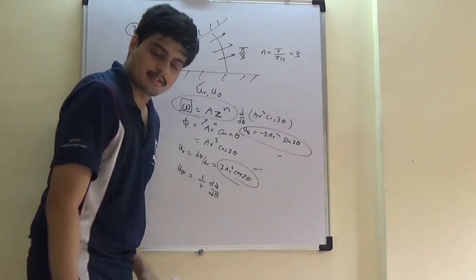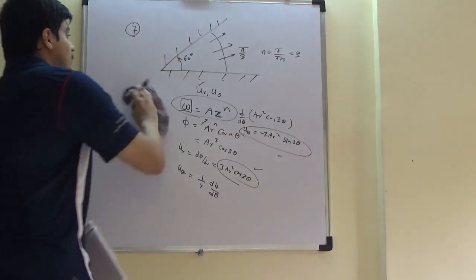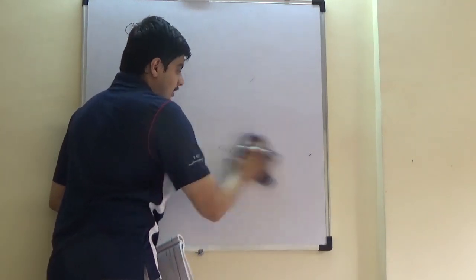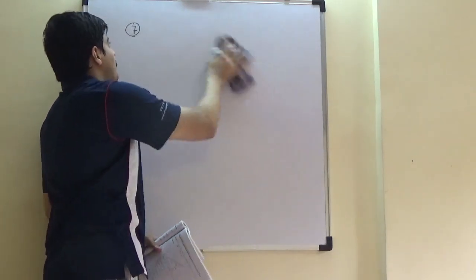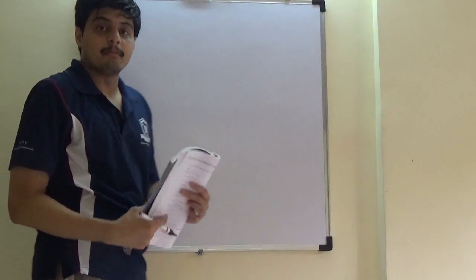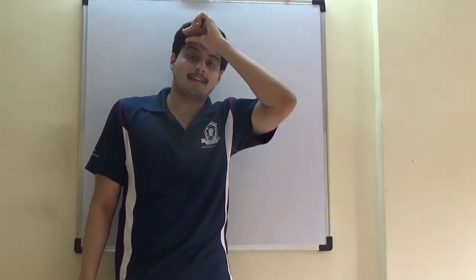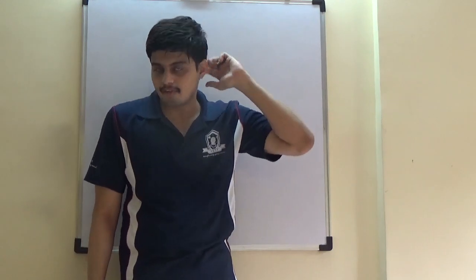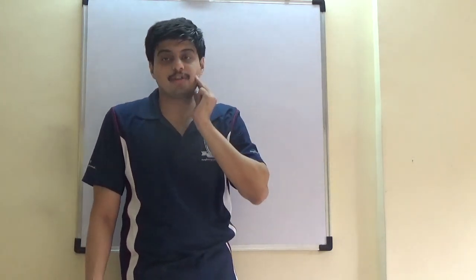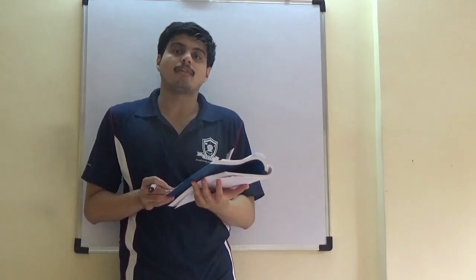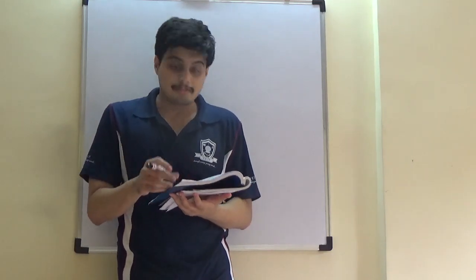So both answers are found out. Some of these questions are very scoring questions. Moment you have understood this imaginary number analysis without remembering the theory, and remembering the most important point that it is a z raised to n, so it is a r raised to n cos n theta, the potential function, and a r raised to n sin n theta, imaginary component of streamlines.